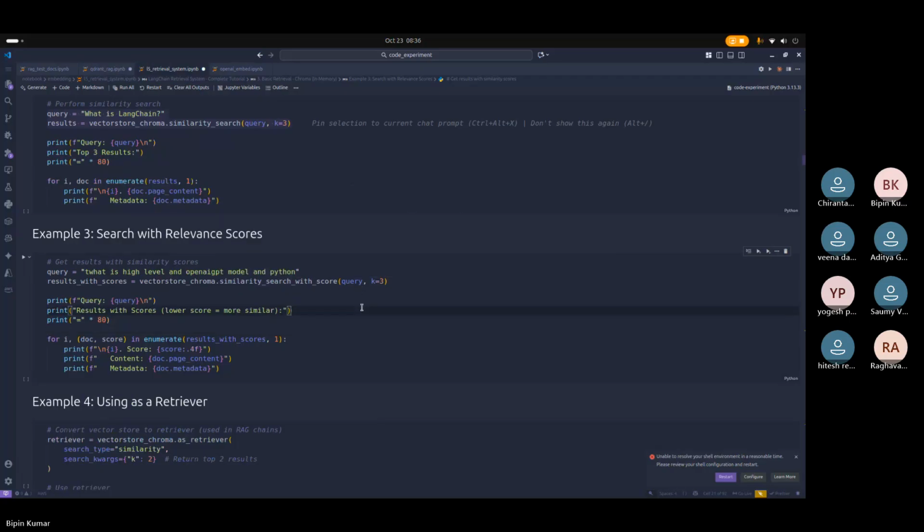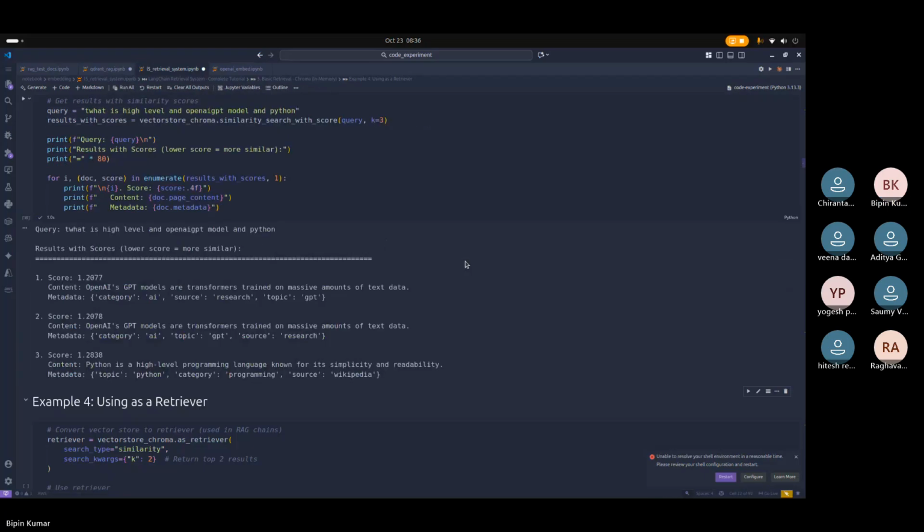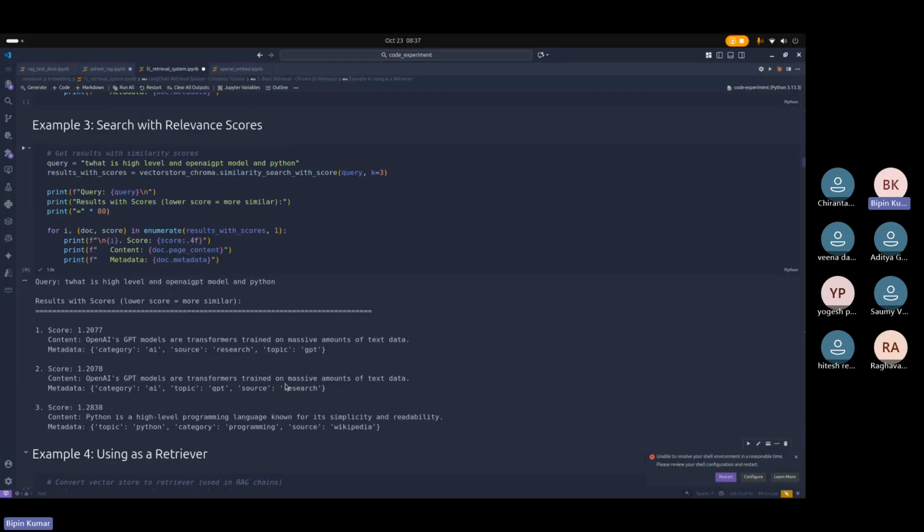See, OpenAI GPT model are transformer, so its score is 1.2077. Here also same thing, and 1.28. In this case, this is basically using cosine distance, so the lesser the value, the more similar it is.